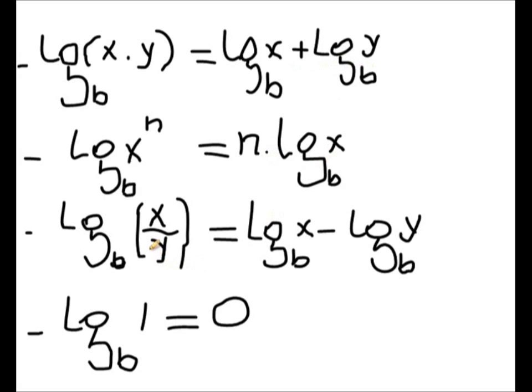Okay, another property also: if I have logarithm of x over y, for the division they say this will be transformed to a subtraction. If I have a division in a value, I can say logarithm of the numerator minus logarithm of the denominator. This can be explained also with the same property.